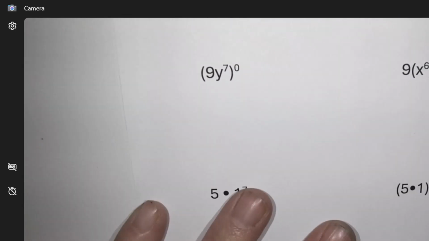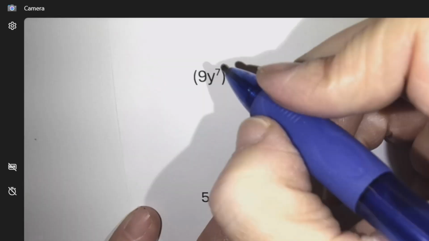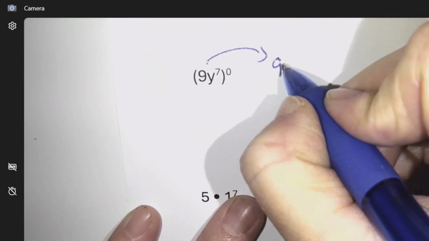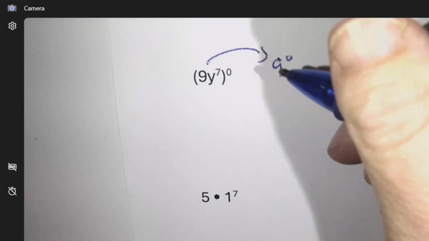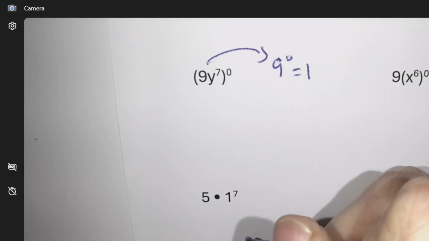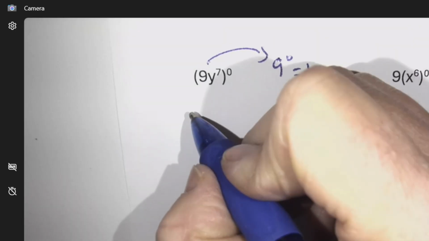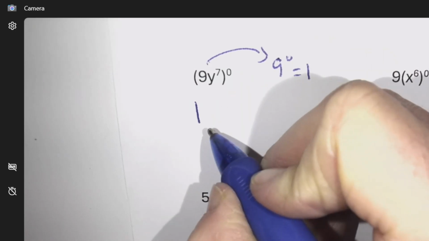The 9, the coefficient, is it involved or separated? Involved. So you have to think like this. What is 9 to the 0? 1. And what is 7 times 0? 0.